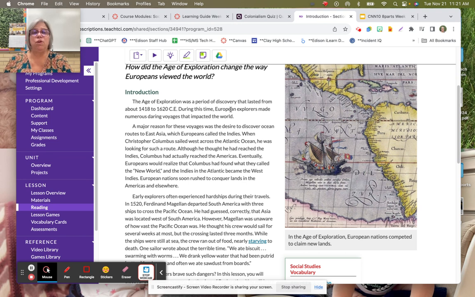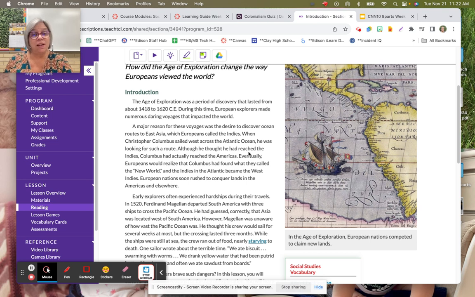During this time, European explorers made numerous daring voyages that impacted the world. A major reason for these voyages was the desire to discover ocean routes to East Asia, which the Europeans called the Indies. When Christopher Columbus sailed west across the Atlantic Ocean, he was looking for such a route.